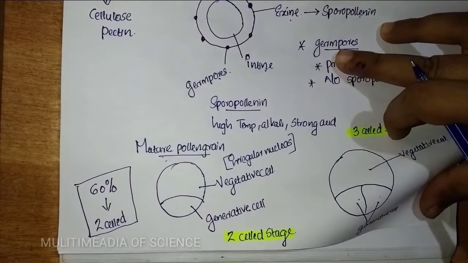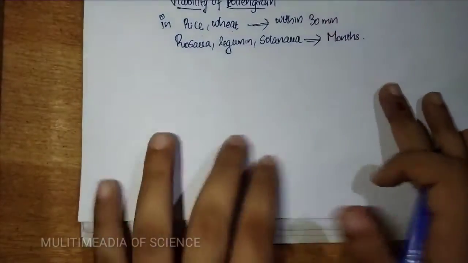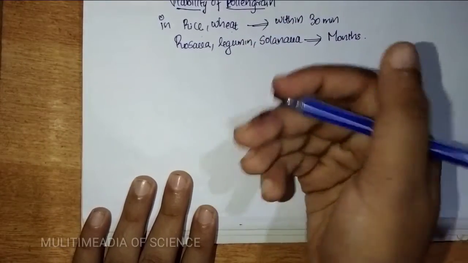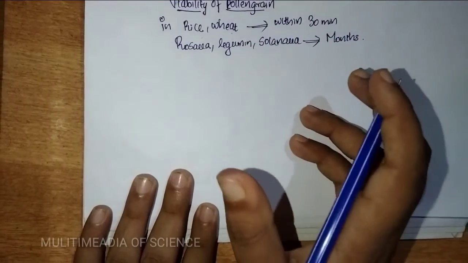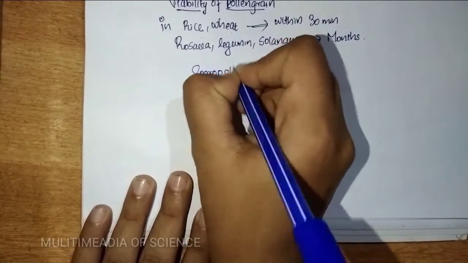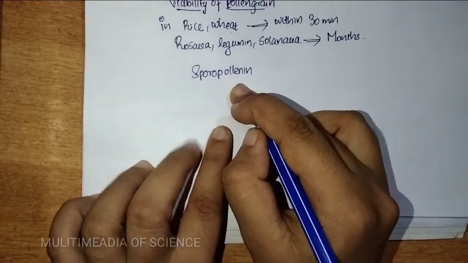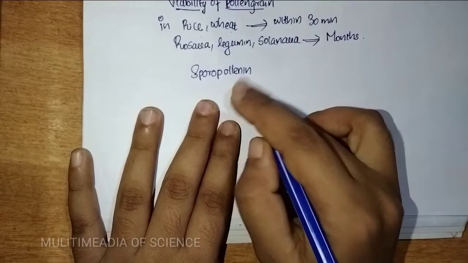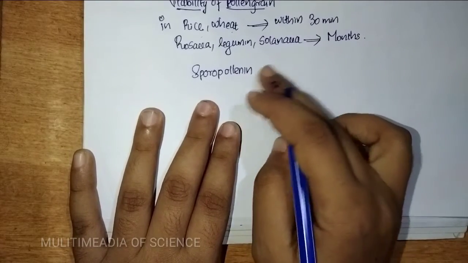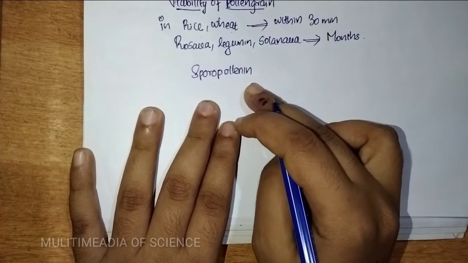Next one, the storage of pollen grain. The pollen grain can be stored because of sporopollen, which is present in the outer exine layer of the pollen grain and is highly resistant.